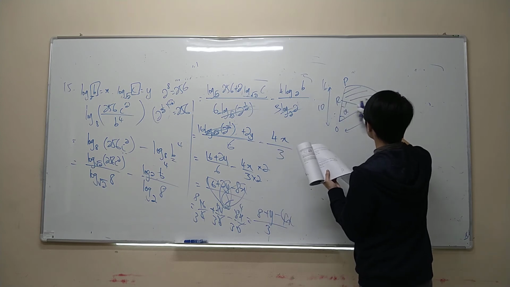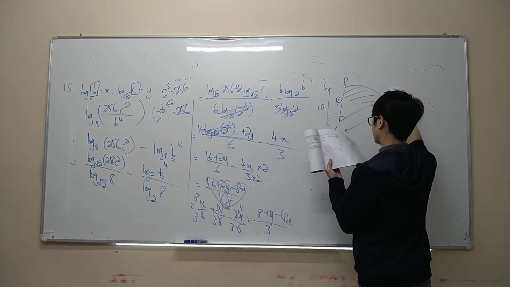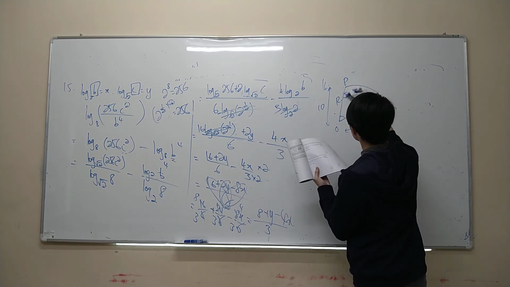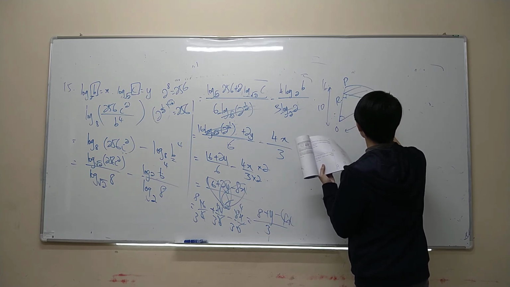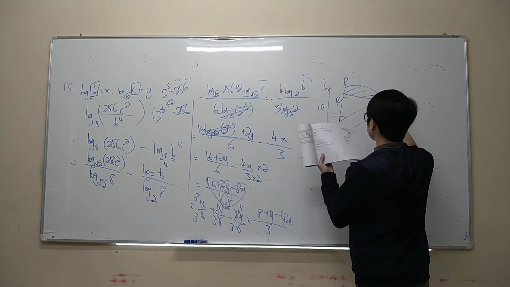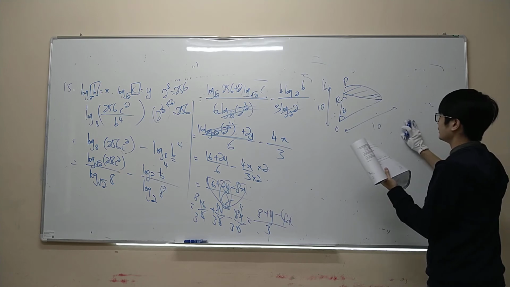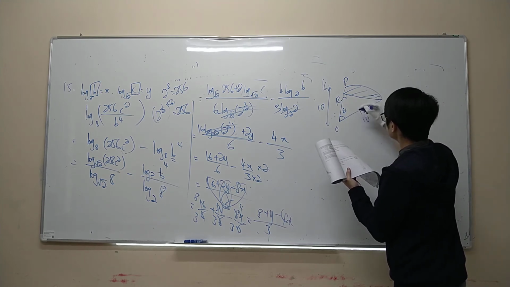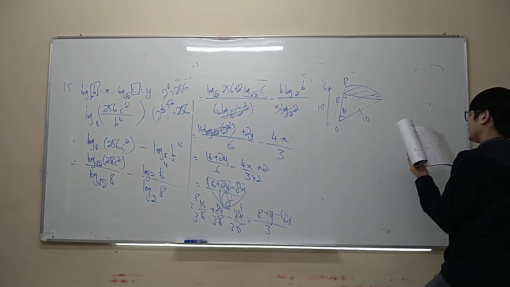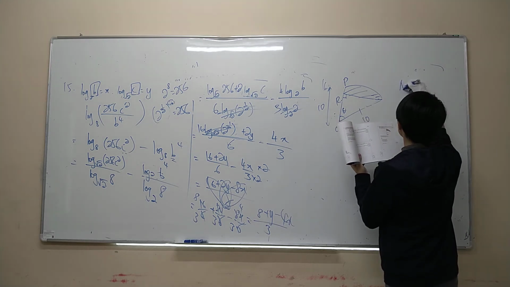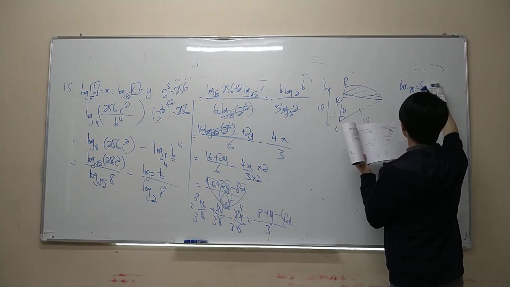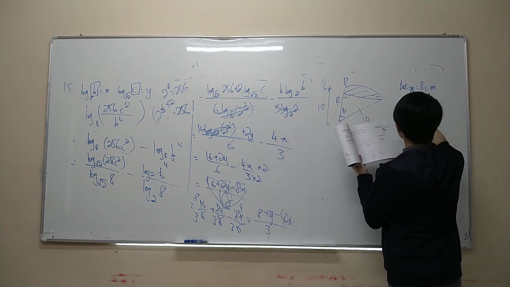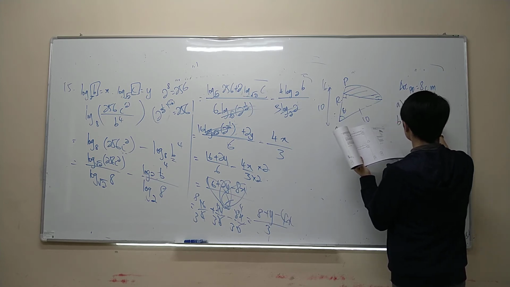Okay, my diagram has something wrong already because the diagram should look like this. Okay, sorry. This should be the radius, so this is 10. Arc PQ is 8 cm. And then A, they want you to find the value of theta. B, they want you to find the area of the shaded region.